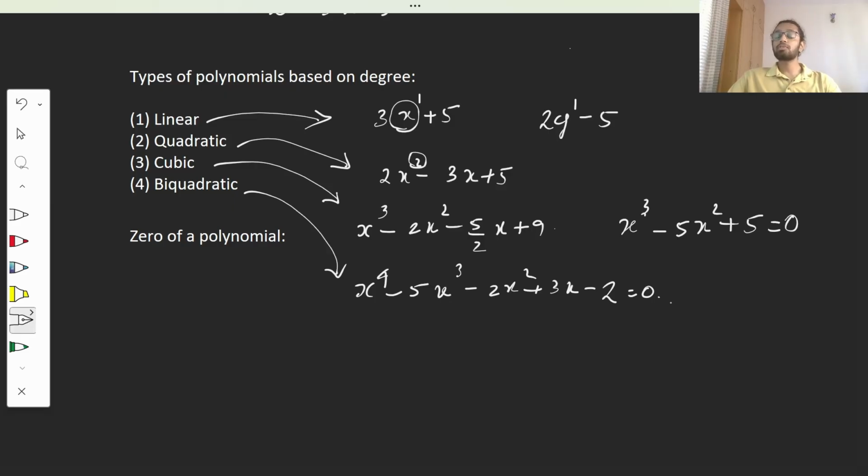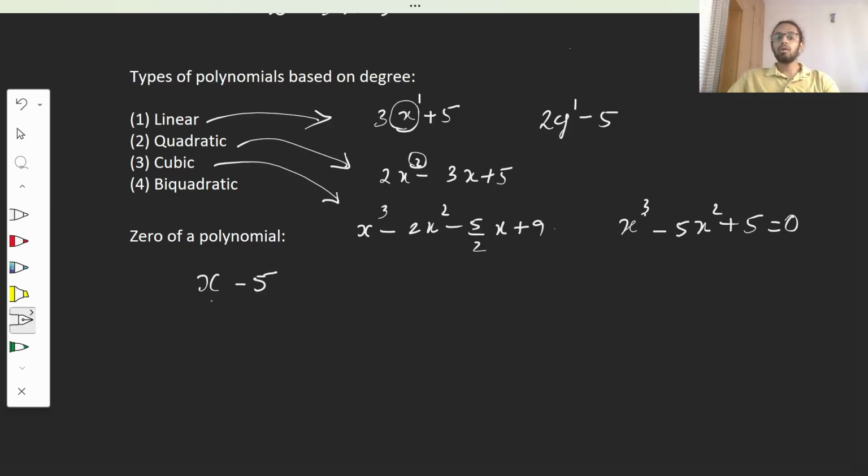So these are all the types of polynomials based on the degree. What all I have said so far is important from a 1 mark question point of view. So that brings me to the next one, called zero of a polynomial. So what is meant by zero of a polynomial? Let me take a very simple example, x − 5.